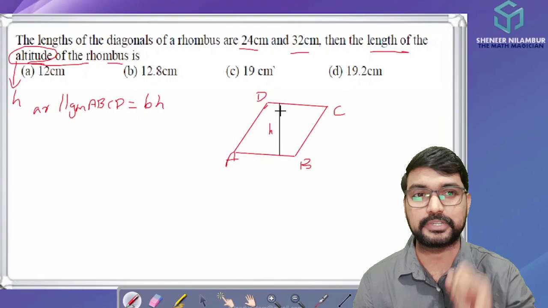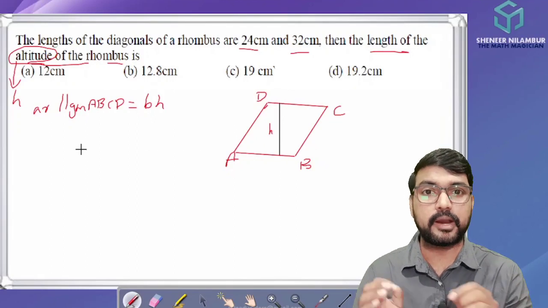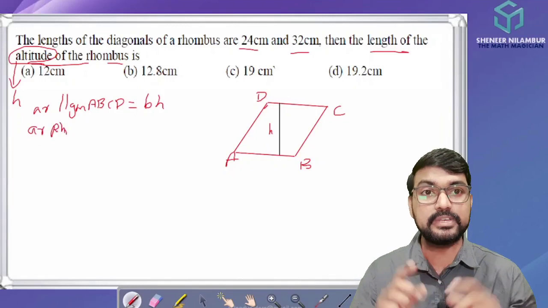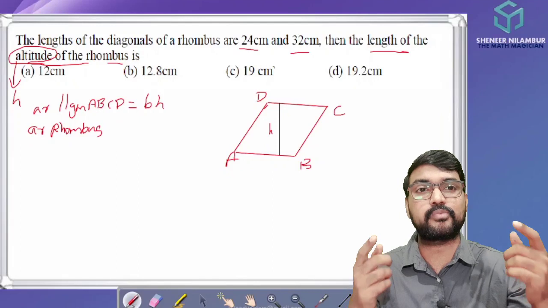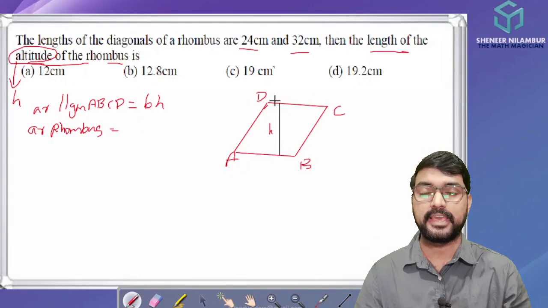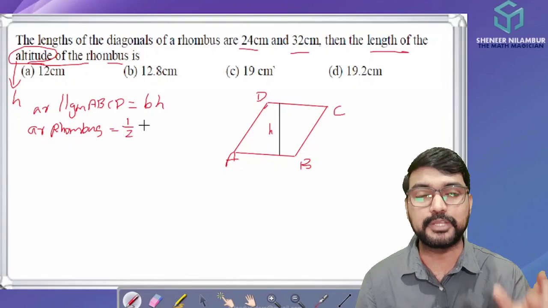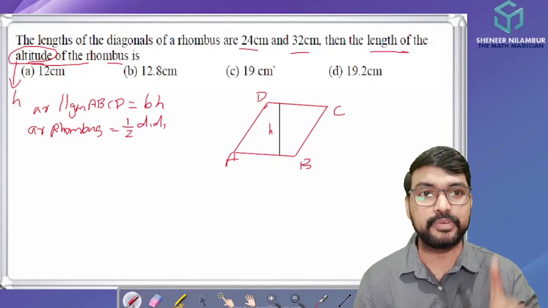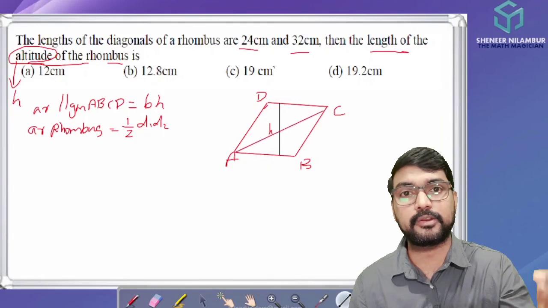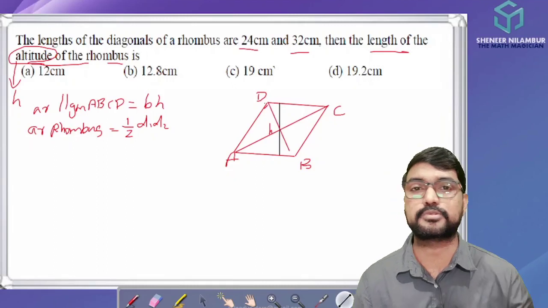So we got one equation for the area of this rhombus. Now, we studied another equation for finding the area of a rhombus. What is it? Area of rhombus is equal to half into d1 d2. One we use is the area of a parallelogram, because a rhombus is a parallelogram, so the parallelogram's area equation can be used for a rhombus also.